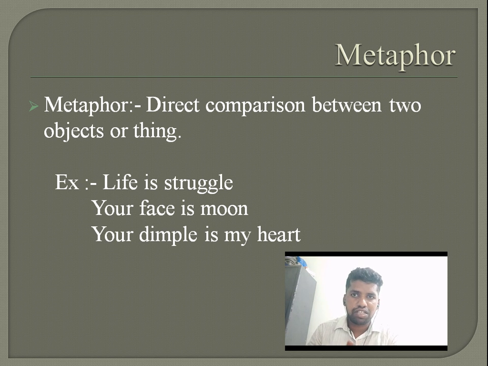Life is nothing but struggle; life is directly compared to struggle. Your face is a moon. So there are two things, your face and moon. There is a comparison between the two things without using any elements. So that is one of the major important figures of speech.